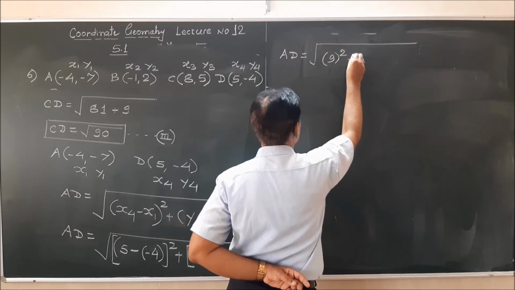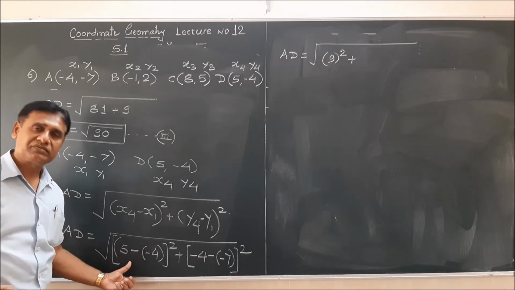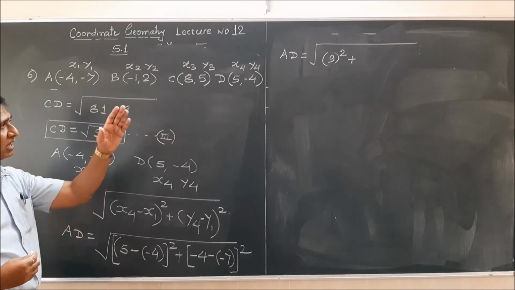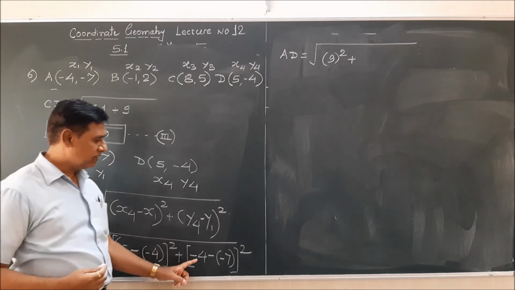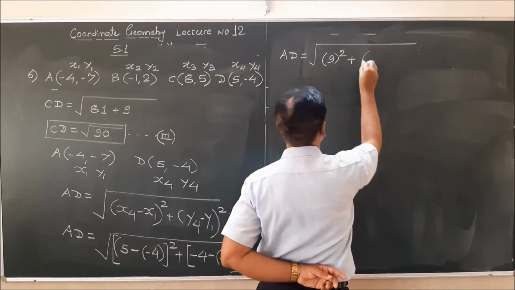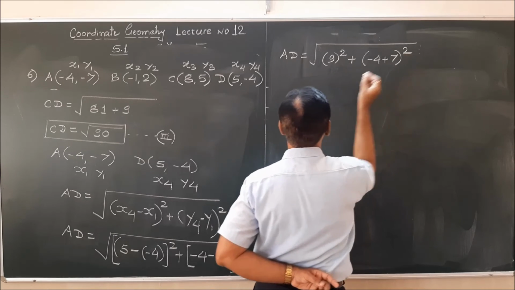Please try to understand, dear students. 5 minus into minus makes it plus, and 5 plus 4 is 9. So 9 square plus minus 4 plus 7, the whole square.